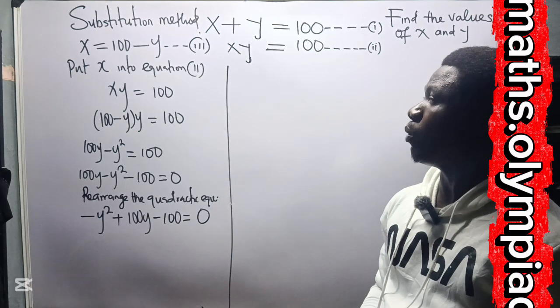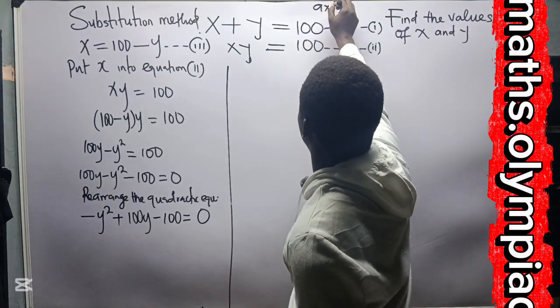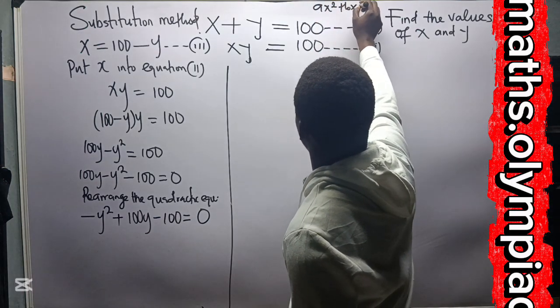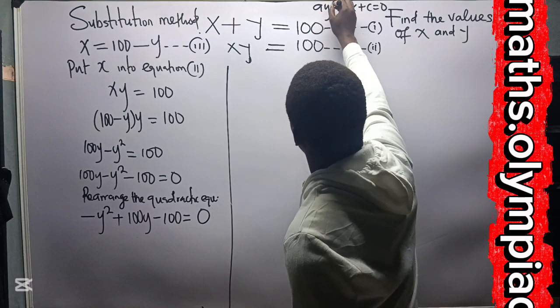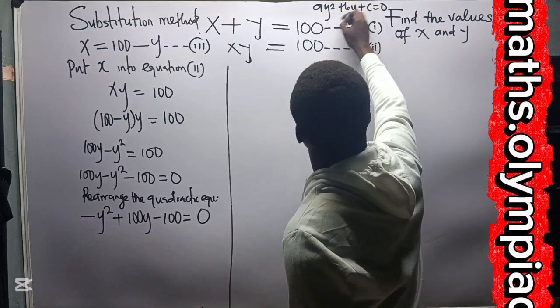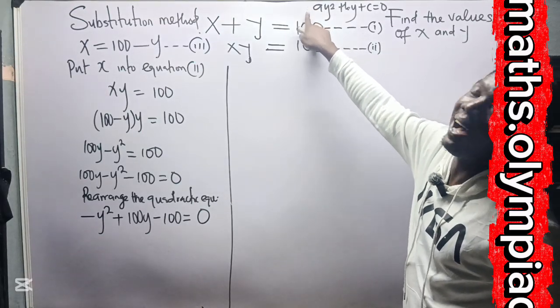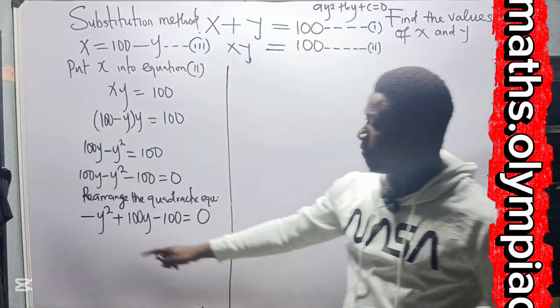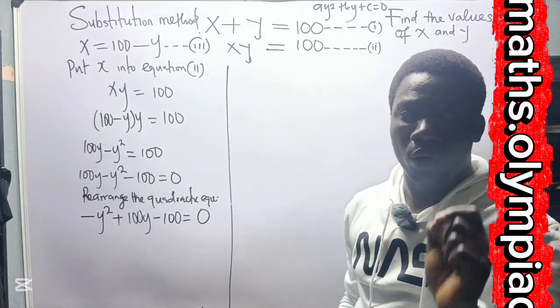Don't forget that the actual format for a quadratic equation is ax squared plus bx plus c equals 0, or ay squared plus by plus c equals 0. So this is usually positive. So if you have negative here, you have to multiply everything by minus 1.